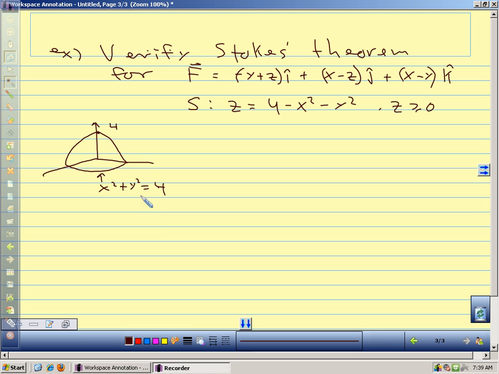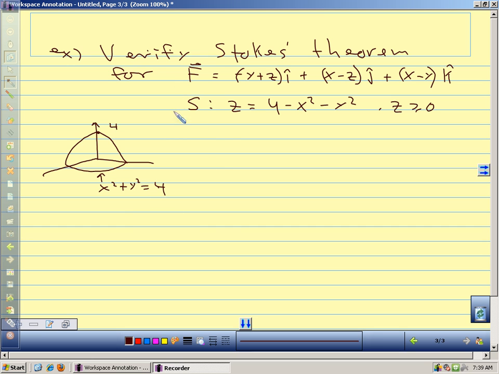So our boundary, the line integral that we would look for in Stokes' theorem, is this circle in the xy plane that bounds this surface. So in the xy plane, our boundary is the curve x squared plus y squared equals 4.